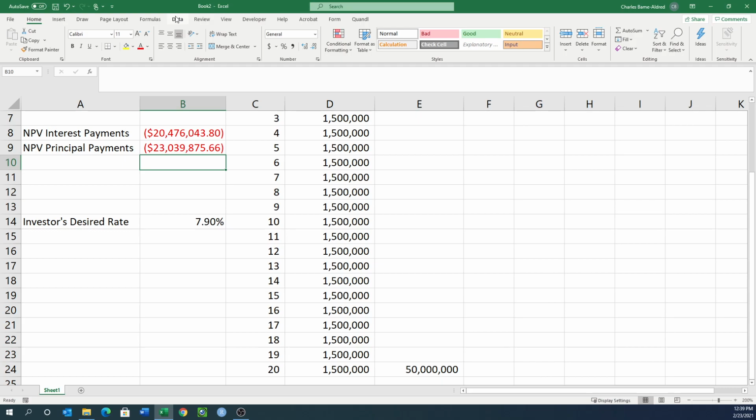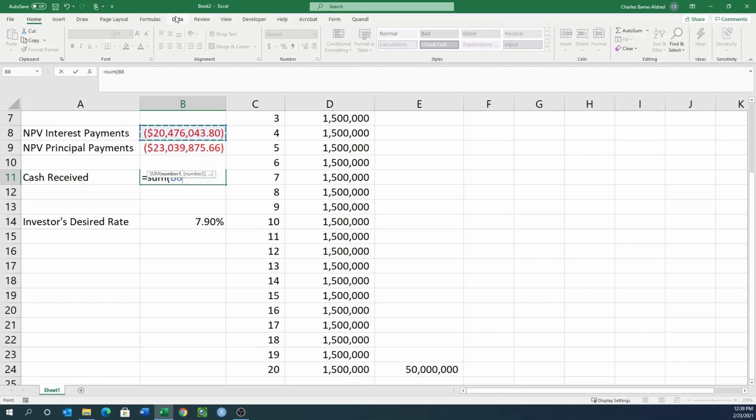So we get $20 million for the interest payments and $23 million for the principal. So how much money should we get in? Well, the cash received is going to be the sum of these two. So I'm going to issue this debt.